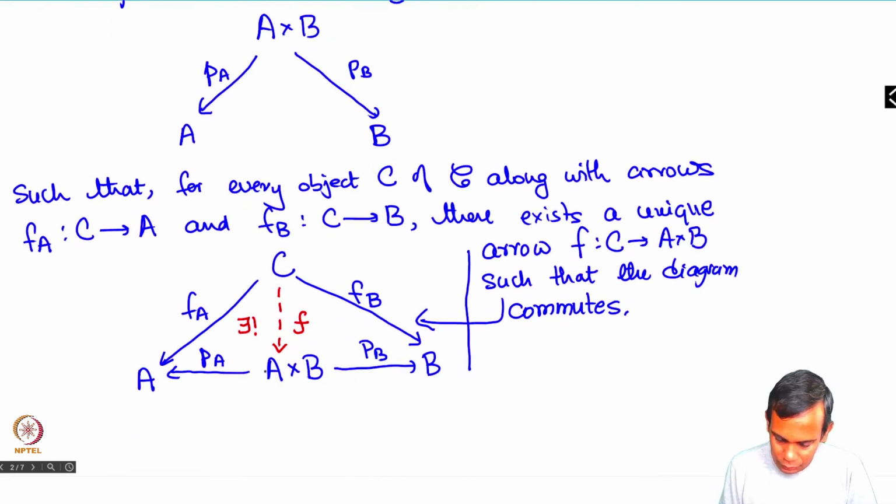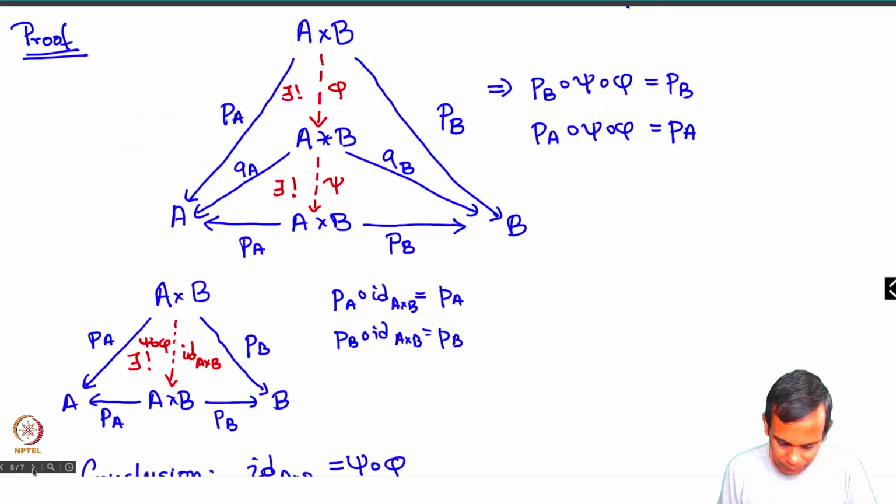Earlier we had arrows from C to A and C to B. Now we have arrows from A to C and B to C.